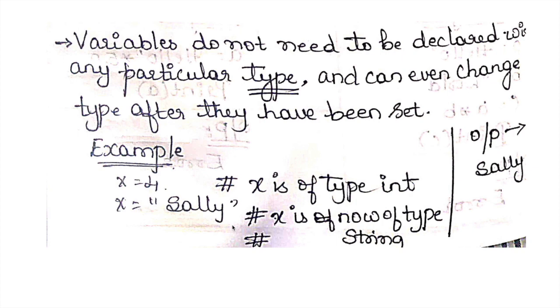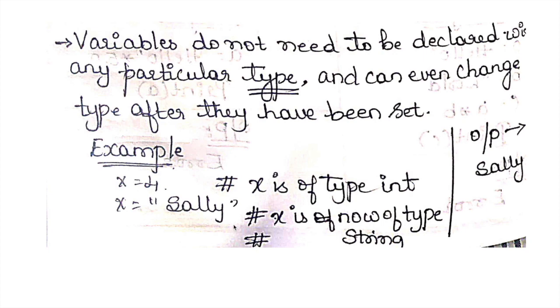Variables do not need to be declared with any particular type in Python. Python will automatically understand the type. And even after creating the variable, you can change the type of that variable.